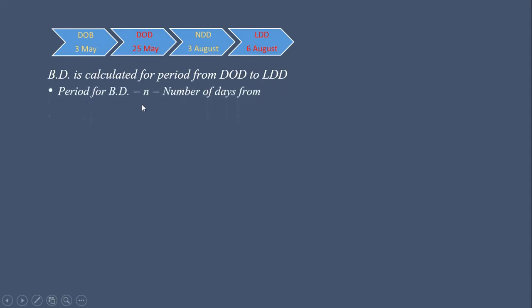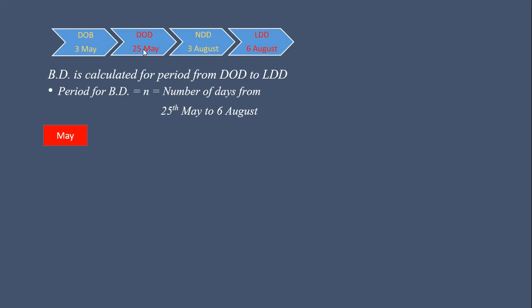Now the period of the bill N is equal to the number of days from 25th May to 6th August. Now we calculate days from 25th May to 6th August.